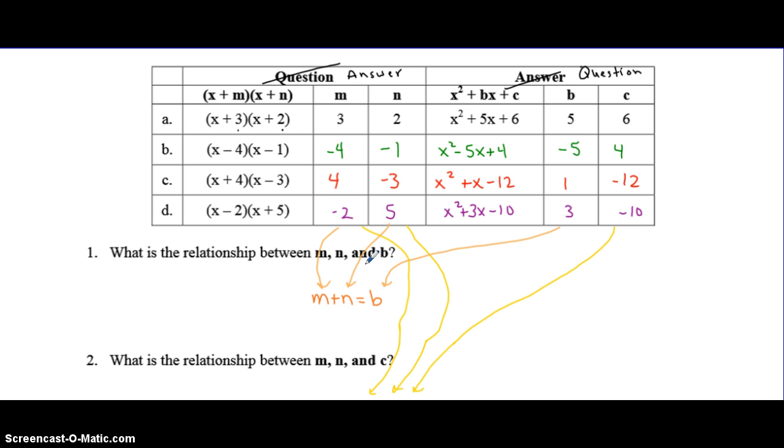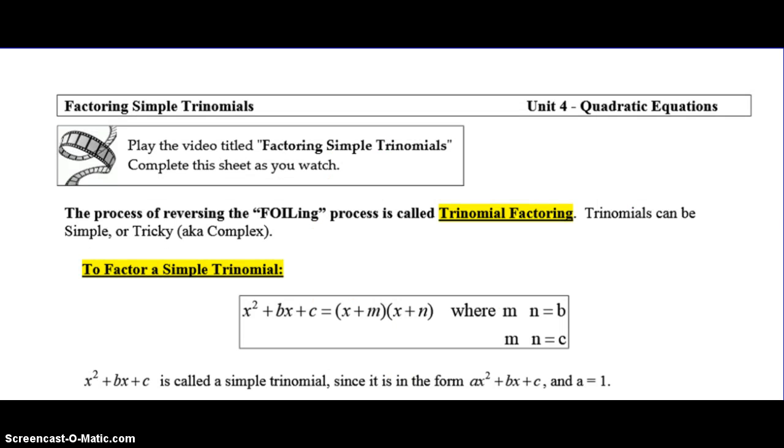Because the m and n add to give you this number, and the m and n multiply to give you this number, you would have to look for two numbers that multiplied to give you 6 and added to give you 5. There would only ever be one combination of numbers that would add to 5 and multiply to 6. So let's look at this in more detail.